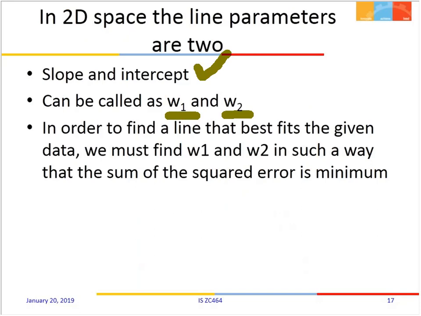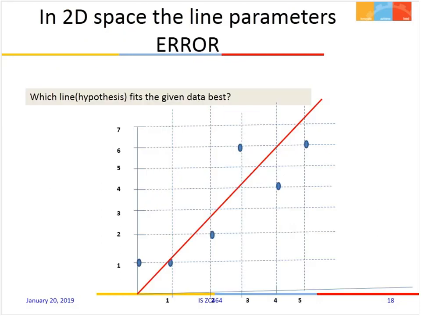Right now we are working in a two-dimensional space where we are using univariate data, and the other dimension represents the output line. So in order to find the line that best fits the given data, we must find W1 and W2 in such a way that the sum of the squared error is minimum. How do we compute this squared error? We have an example.